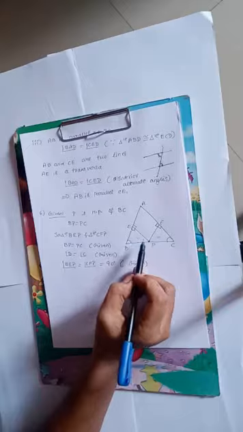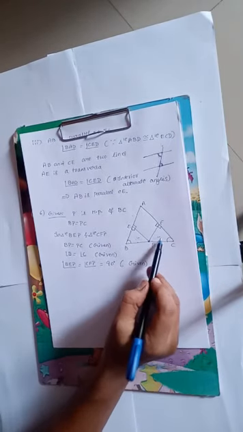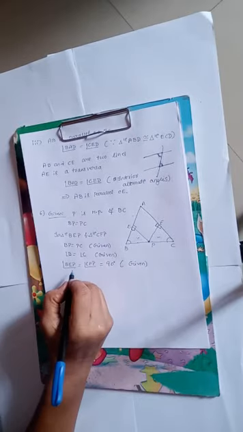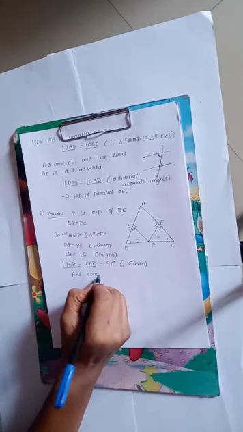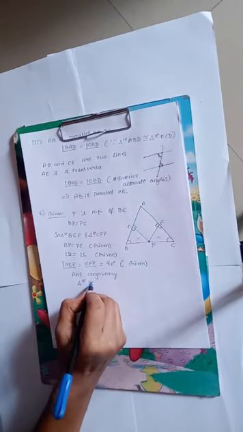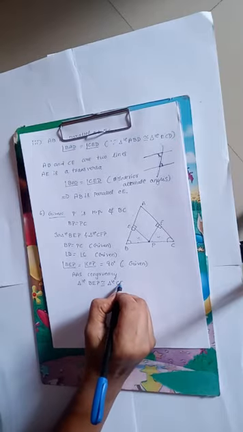According to which congruency condition can you tell that the two triangles are congruent? Two angles and one side means you can tell that it is the AAS congruency condition. Triangle BEP is congruent to triangle CFP.